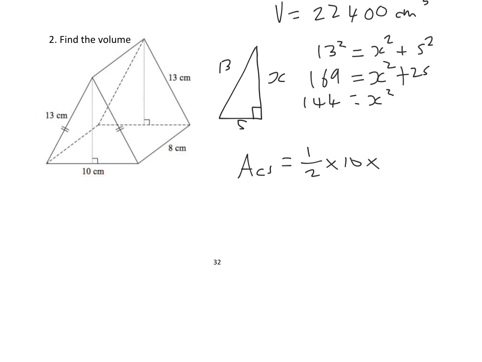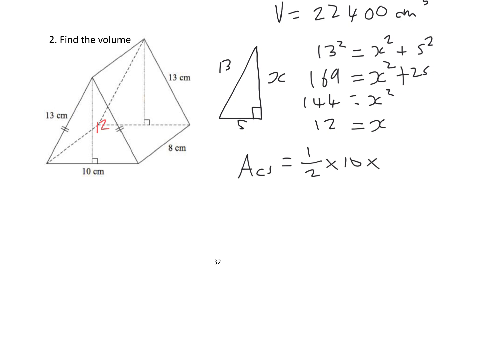And if you square root x squared, you get x. So you square root 144 and you get 12. So the height of the triangle is 12. That's the height of the isosceles triangle and the height of the right-angled triangle.